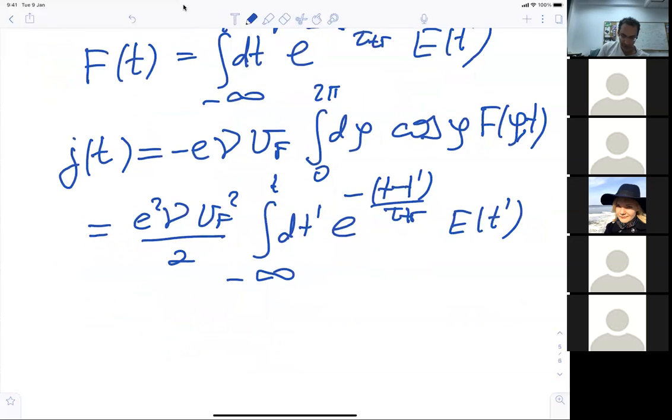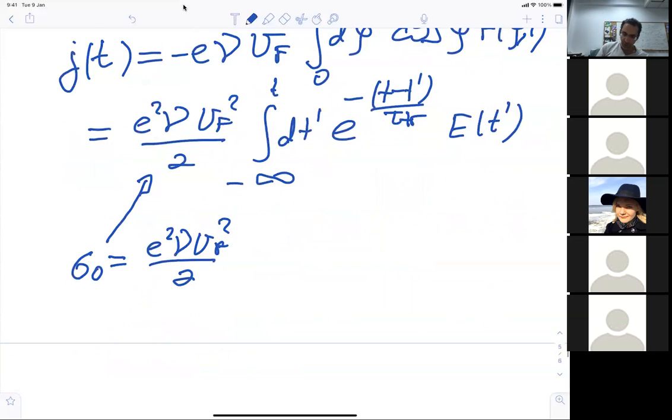Now this object in front of the integral, I identify, and I know this is the Drude conductivity, or sigma 0, which is just E square nu V Fermi square over 2. Now, if I look at this equation, what did I get here? I get a linear equation between current at the time t and electric field at the time t prime.